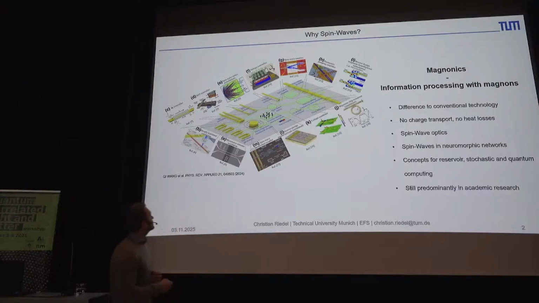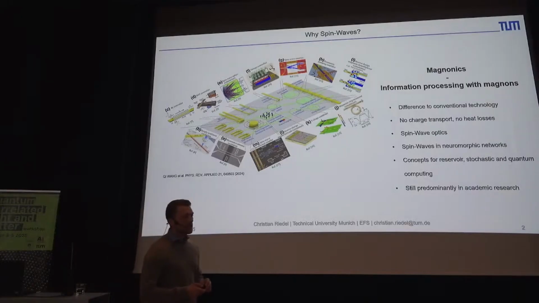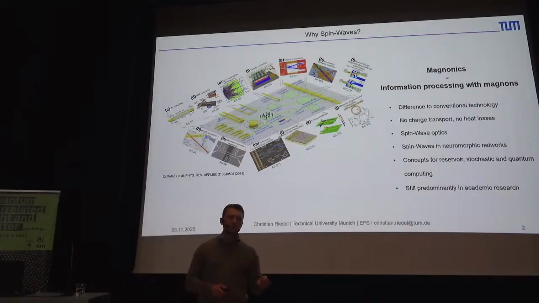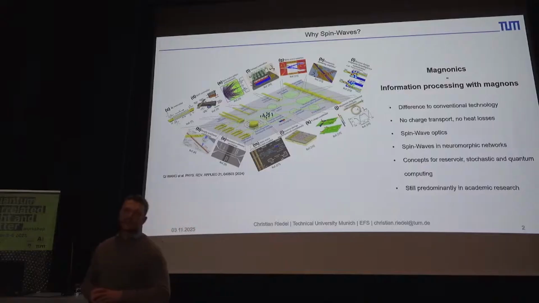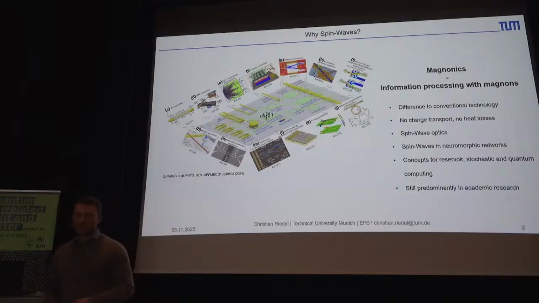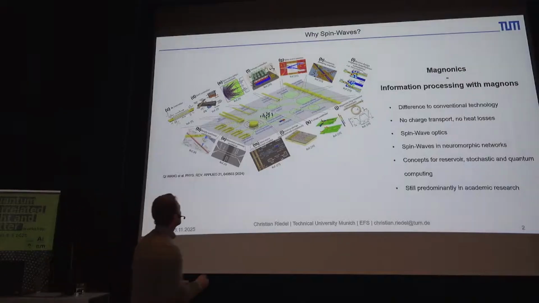As you can see in the rather complex sketch from a paper from Ji Wang from last year, magnonics can be a different approach to conventional technology, because the main advantage is that you don't need charge current to transport information or process data, but pure spins. This gives you the advantage that you don't have any heat losses, which always come with flowing electrical charge.